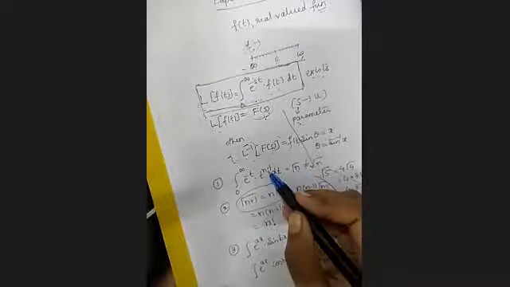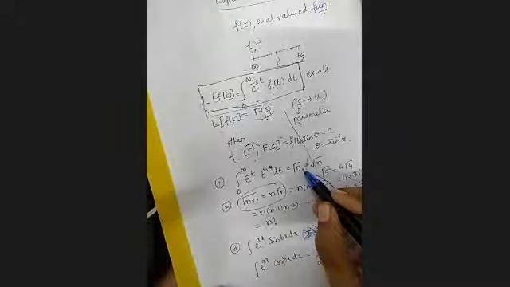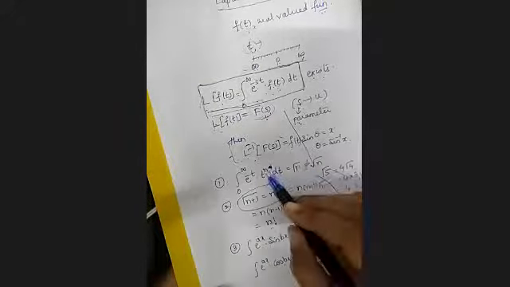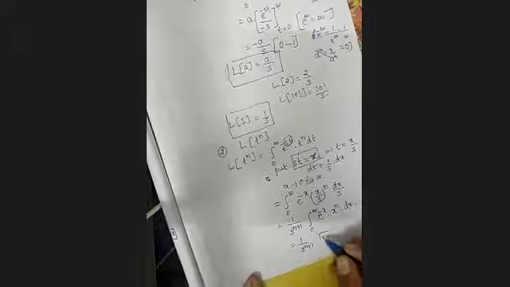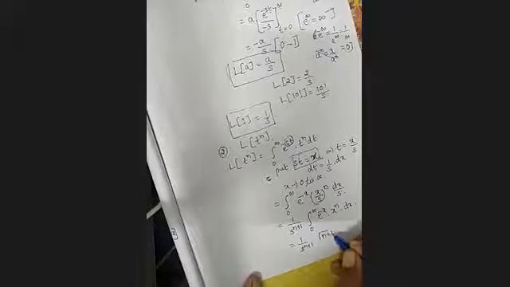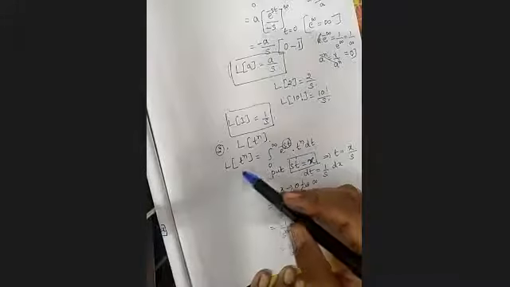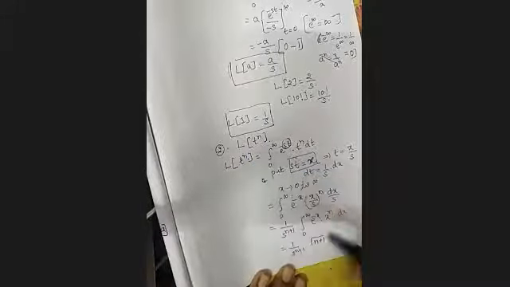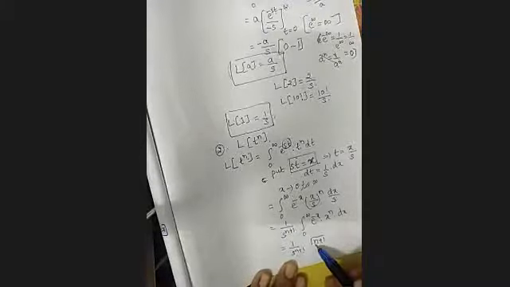If I have it as n only, you should write the next one, n plus 1. So the value of this integral is gamma n plus 1. So Laplace of t raised to n can be written as gamma n plus 1 divided by s raised to n plus 1 if n is a fraction value.